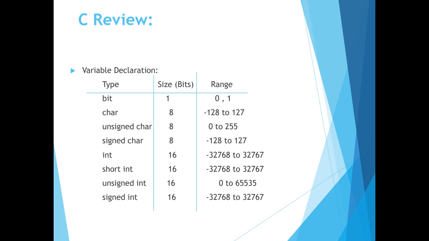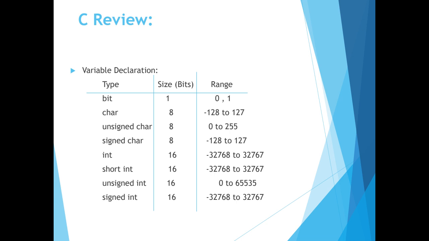For example, char, as you see here in the second row, is used for letters. So when our variable type is letter, at first we should use char for declaring our variables. Or for example, int, as in the fifth row, is 16 bits, and it's used for integer numbers.